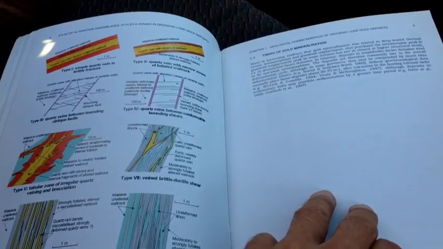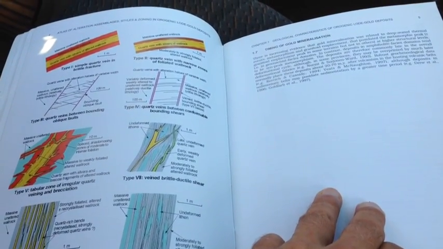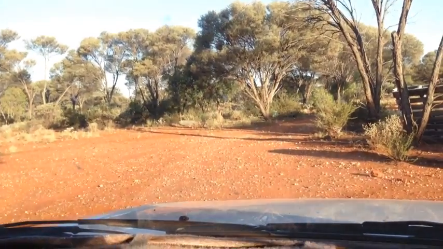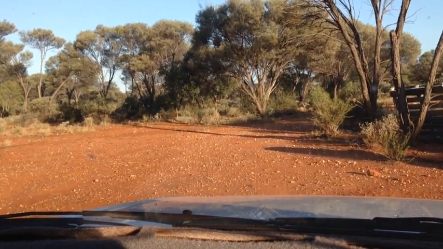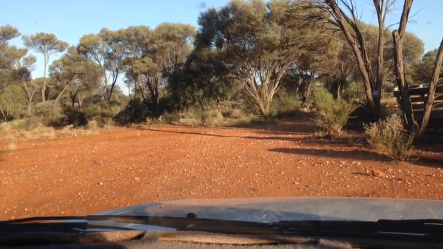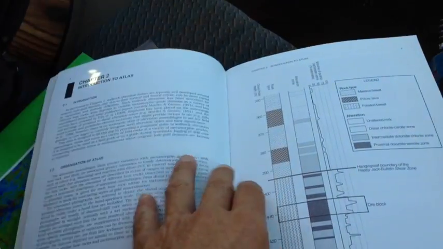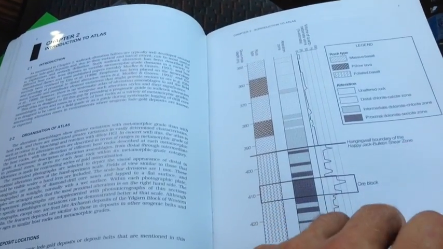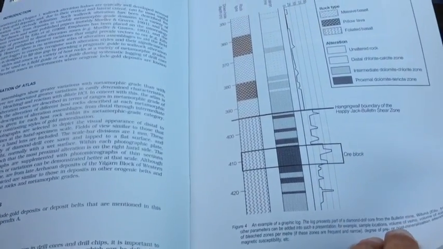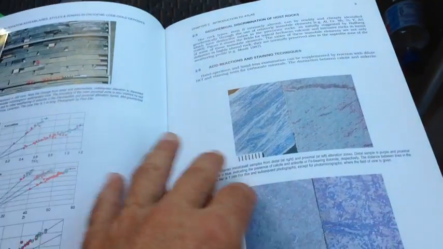We sent everything down to the labs in Kalgoorlie, or Perth I should say, and this is what the results look like, plotted up according to the size of the gold sample in ppb.